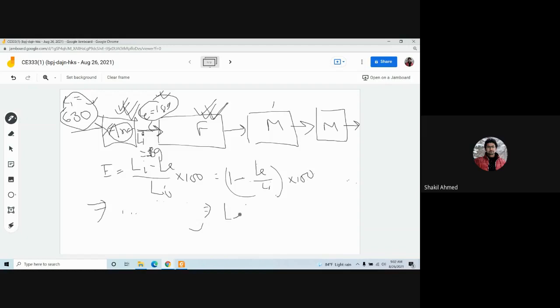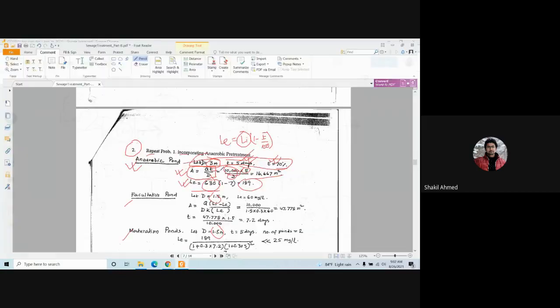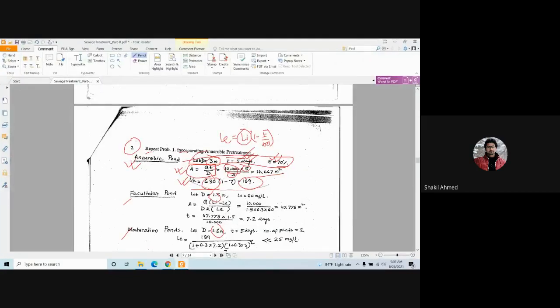And then you will get Le equals Li into 1 minus E by 100. So that's the equation we got. We used it here.